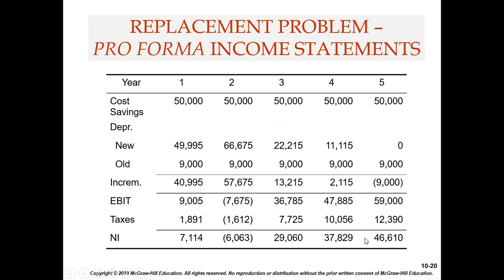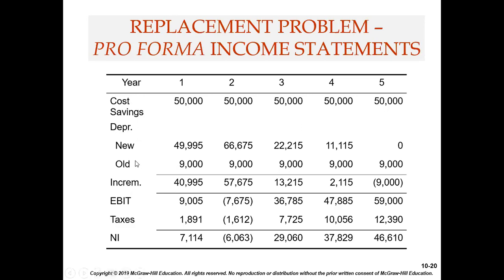So first of all, if we buy the new machine, we will have $50,000 more in cash each year. Cost savings of $50,000. Now, what about depreciation?